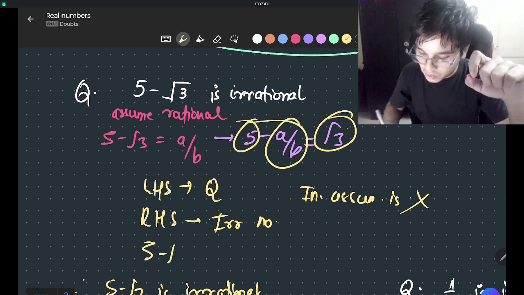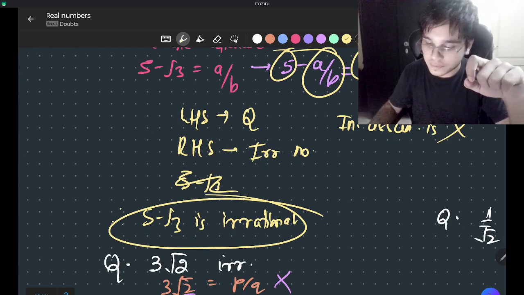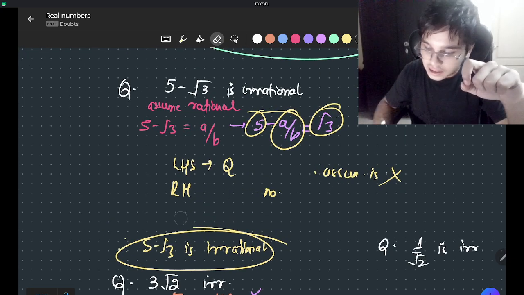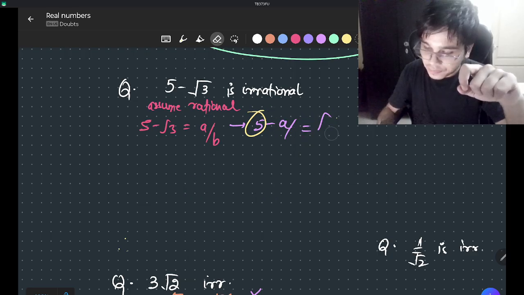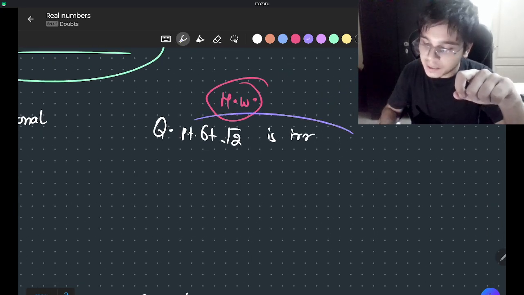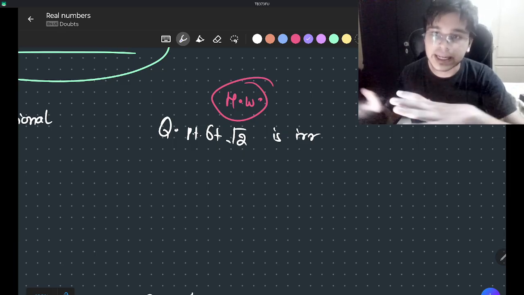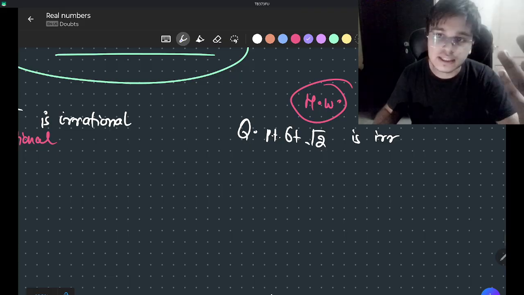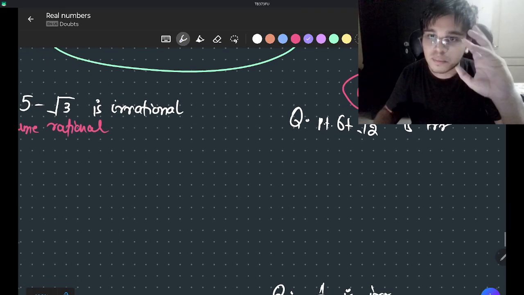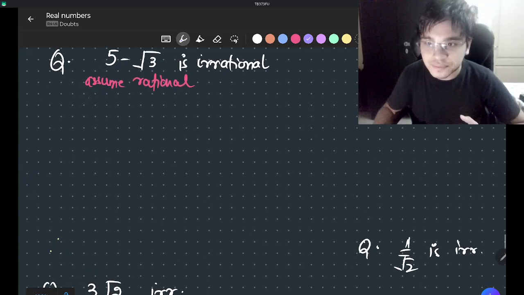Therefore 5 minus root 3 is irrational. Okay, that's the proof, and you can try this: prove that 6 plus root 2 is irrational. Assume it as a by b, take root 2 to one side and show that this is rational, this is irrational. Both can't be true, so our initial assumption is wrong.